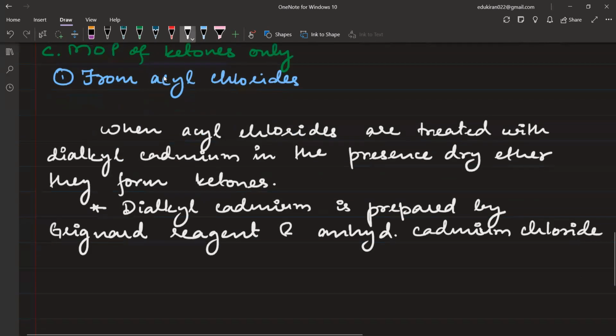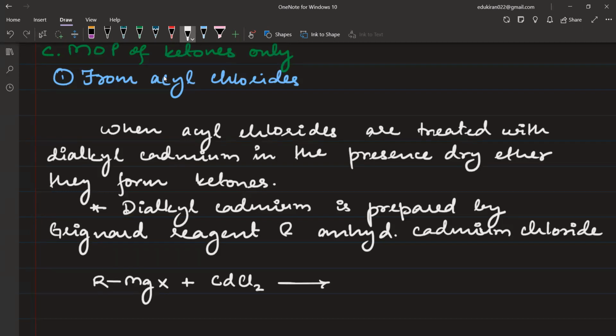So we start with some RMgX. We react this with cadmium chloride, CdCl2, in the presence of dry ether. We don't need any water here. Now, the chlorides will be replaced by the R groups, so you need two Grignard reagents and we are going to get CdR2, plus 2 MgXCl.